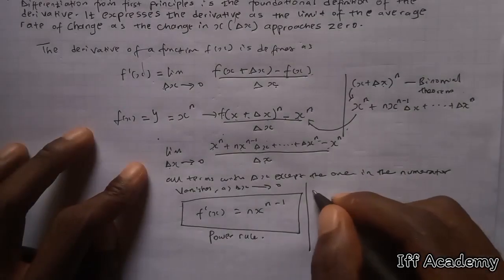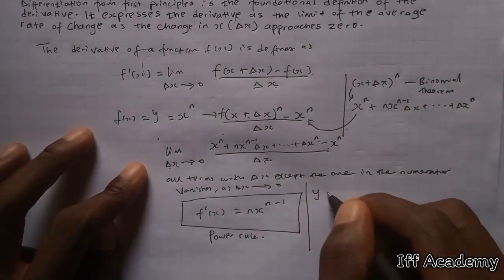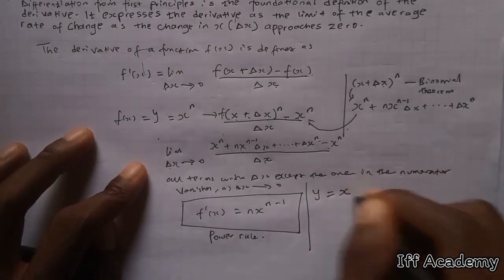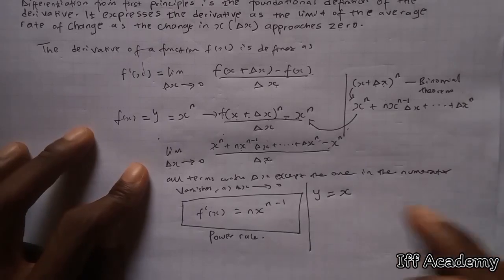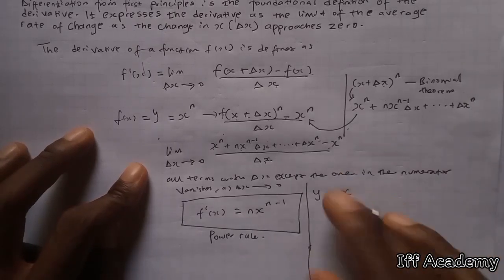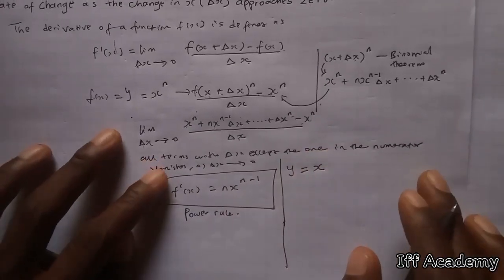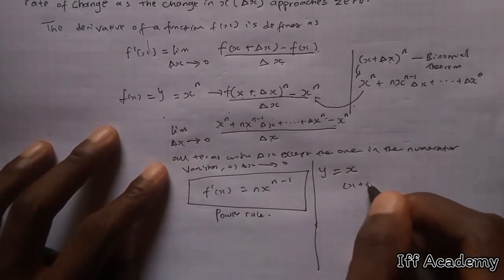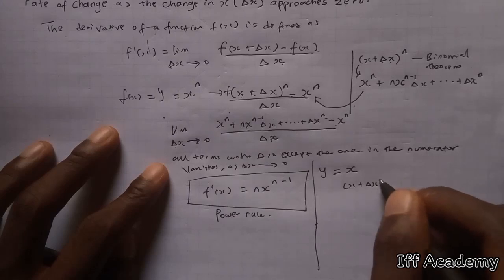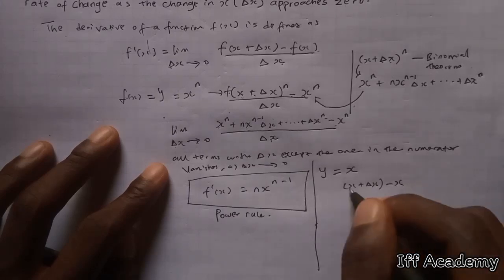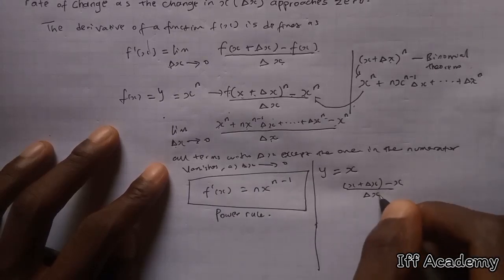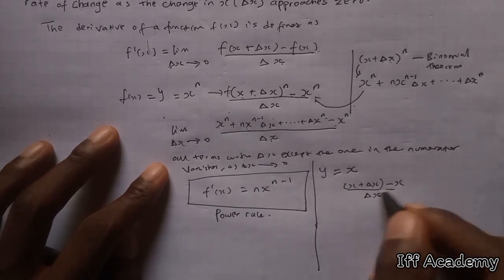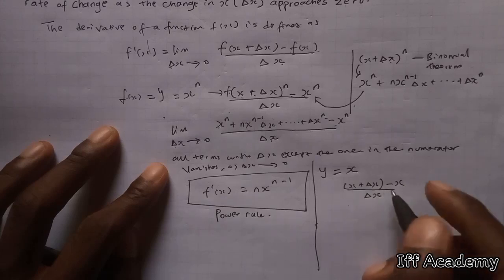So now if I have y equals x, from first principles this is going to be x plus change in x minus x over change in x. If you open this up, x minus x is gone.